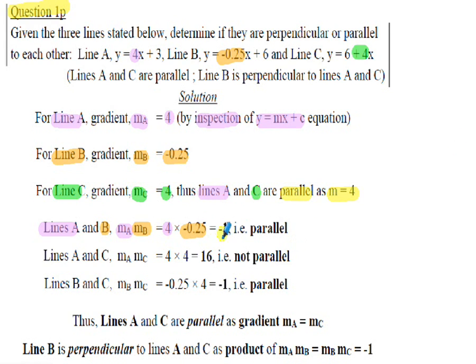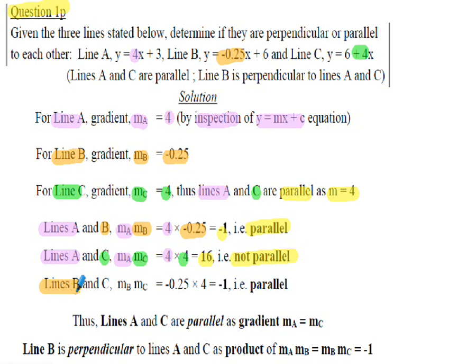That gives us a value of negative 1, so therefore lines A and B are perpendicular to each other. And lines A and C, so that's MA multiplied by MC, that's 4 multiplied by 4, that gives a value of 16, so they're not perpendicular.